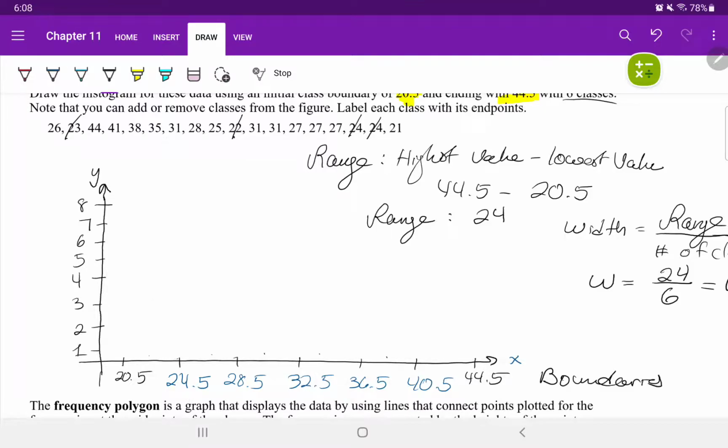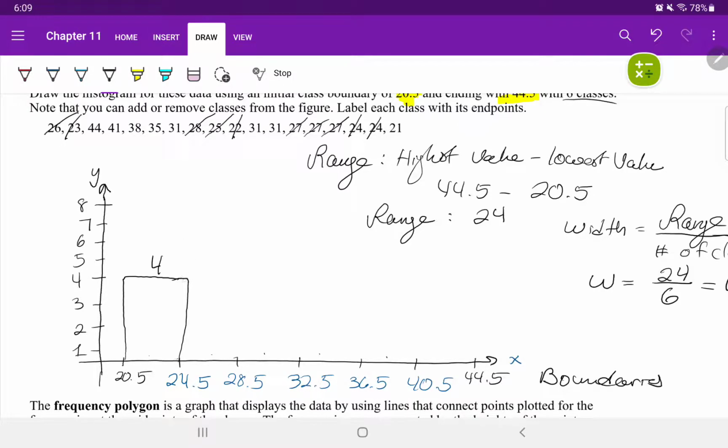So I'm going to draw my height up to 4. Between 24.5 and 28.5, 1, 2, 3, 4, 5, and 6.